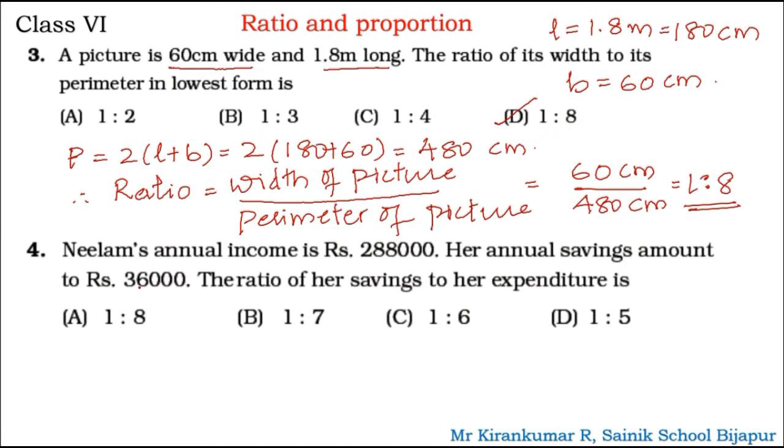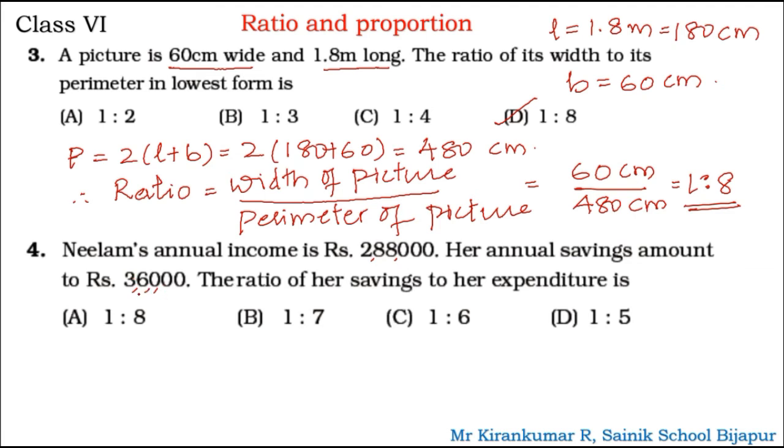Question 4. Neelam's annual income is rupees 2 lakh 88,000. Her annual savings amount to rupees 36,000.